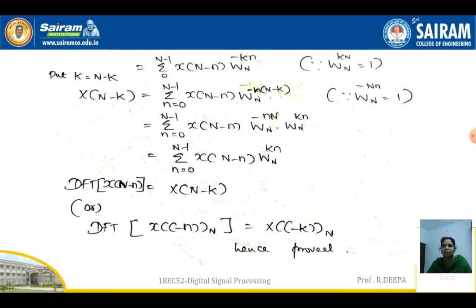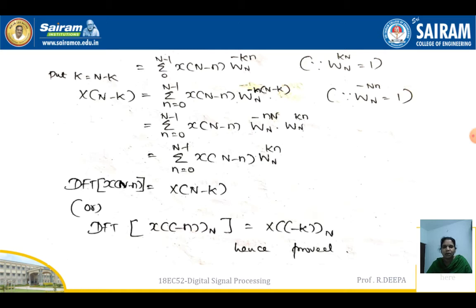In the next step, instead of k, I am going to put N minus k in the entire expression. So X(k) is replaced with X(N minus k), which is equal to summation n equal to 0 to N minus 1, x(N minus n) W_N power of minus n into, instead of k, N minus k.